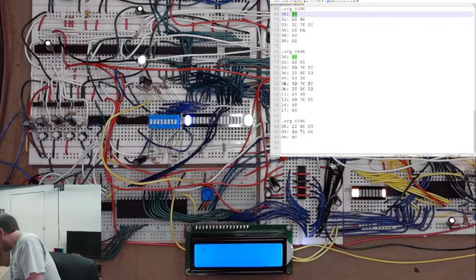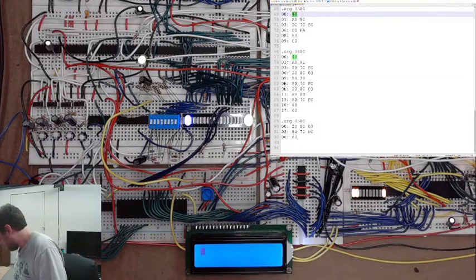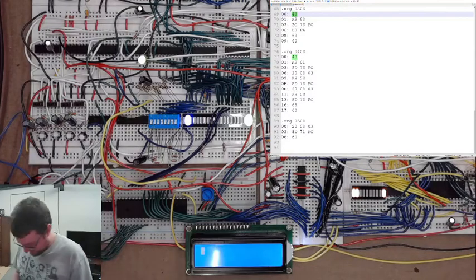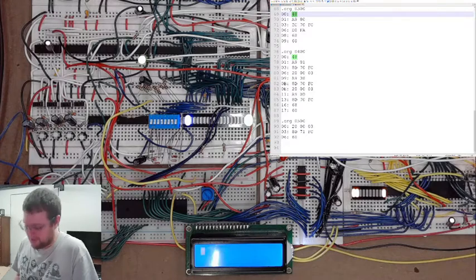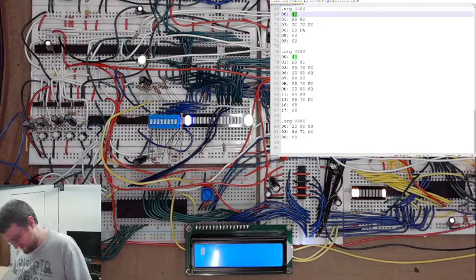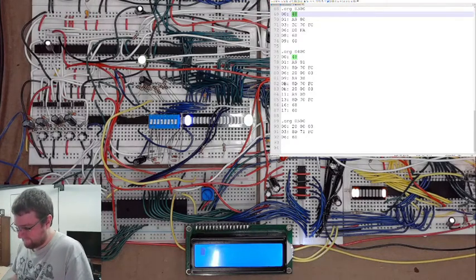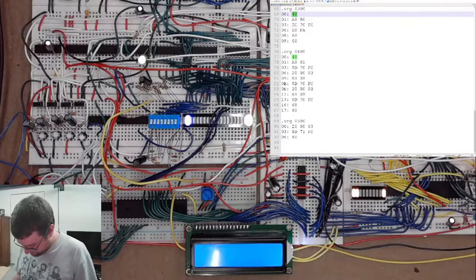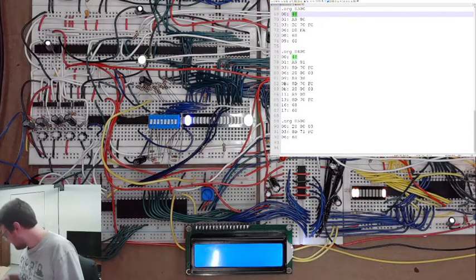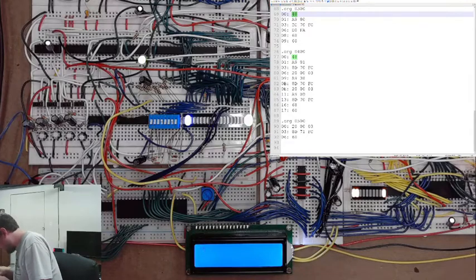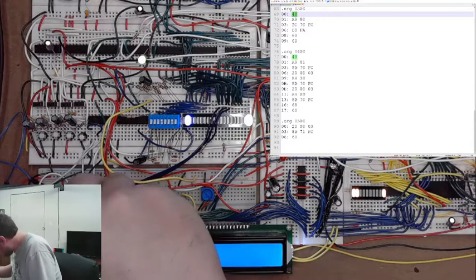Alright. I've got capacitors everywhere. Where don't I have a capacitor? Down there. Okay, let's put a couple more capacitors on the board. One for this section.